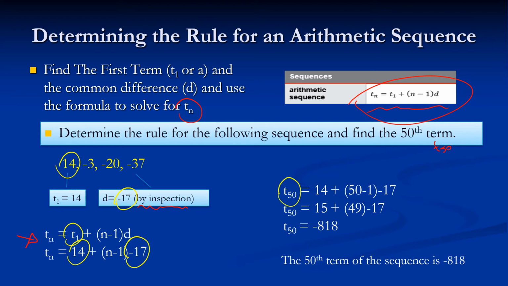So T50 equals what? Our first term. And then it's 50 minus 1. So it's 49. So there's our 49. And we're going to multiply that by our common difference, which is negative 17. So that will be negative 818. So our answer is the 50th term of the sequence is negative 818.